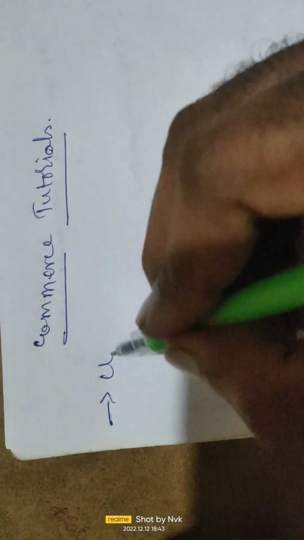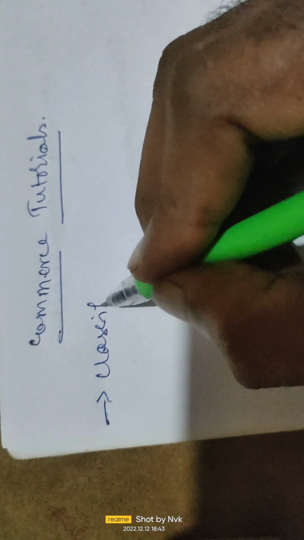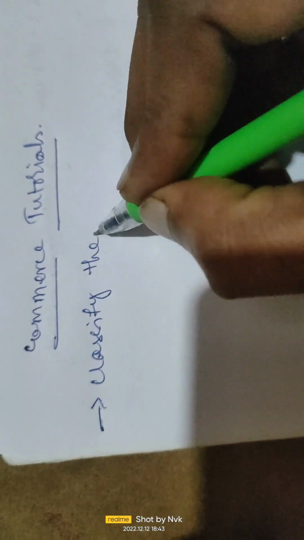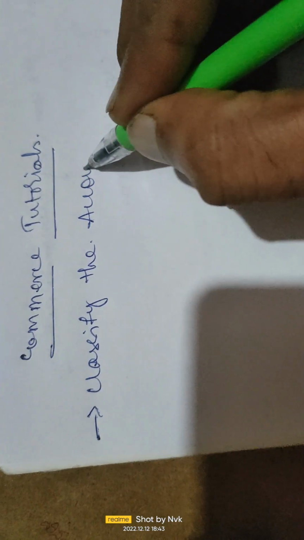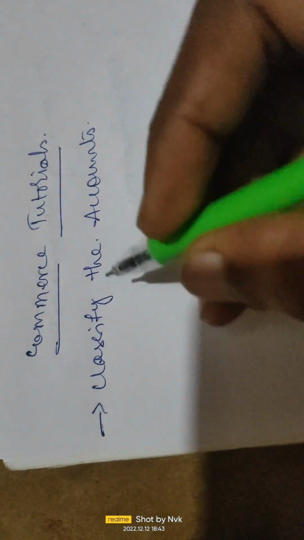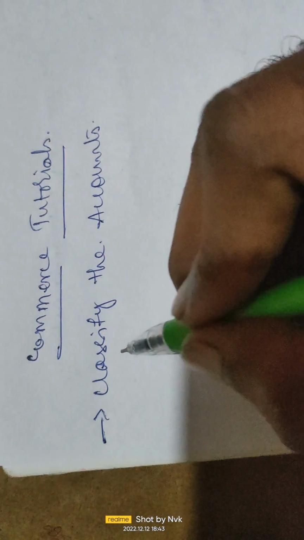Today I am going to explain how we can do the journal entries. If you want to pass the journal entries, the first and foremost thing is to classify the accounts based on their nature.